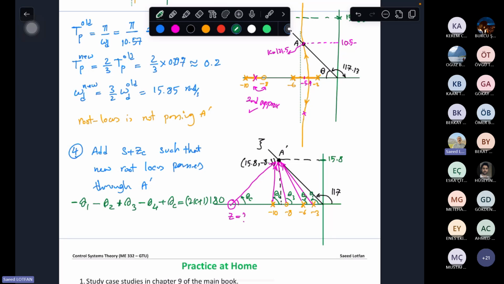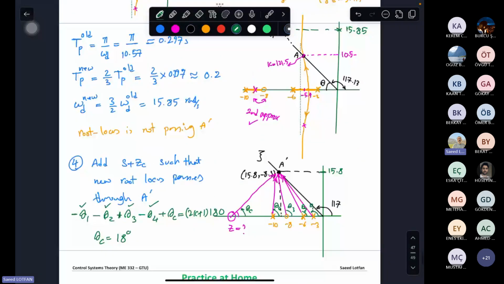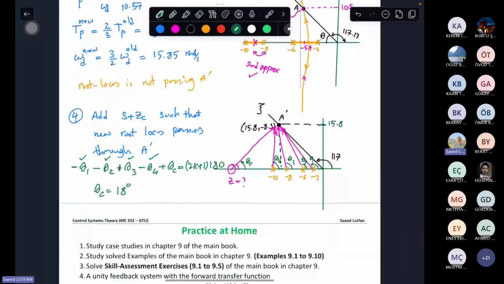So, according to this, I can say that theta c, all of these theta 1, theta 2, theta 3, theta 4 are known, because I know the starting coordinates of the arrows and end point A prime. So according to this, theta c should be about 80 degrees, okay? Here is 50.8 A prime.